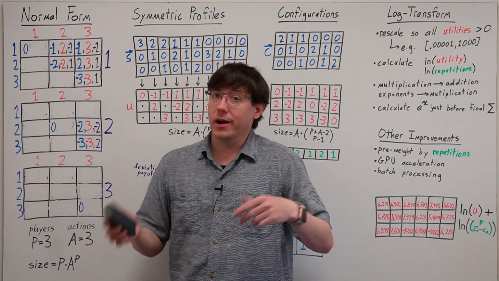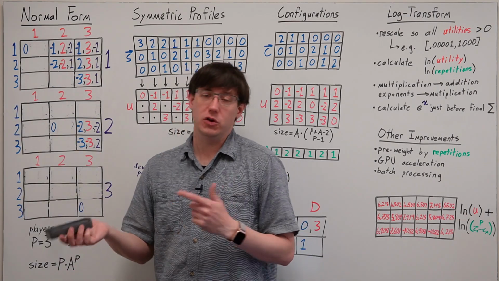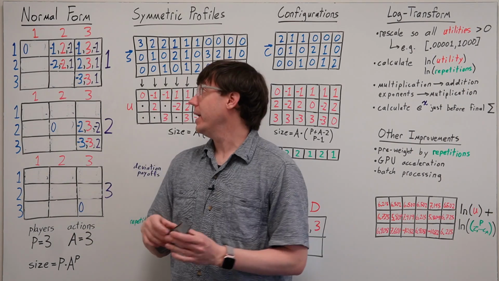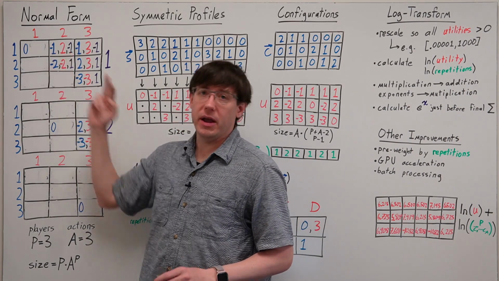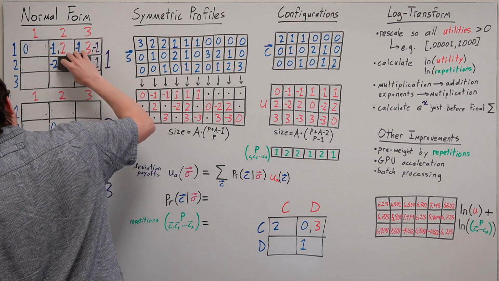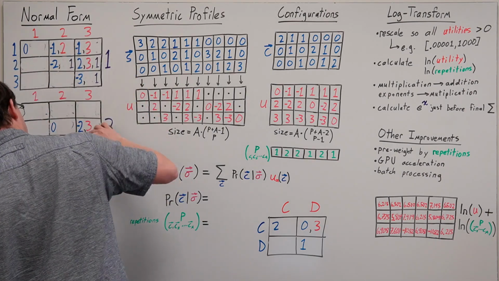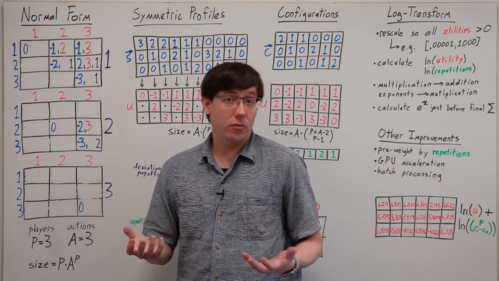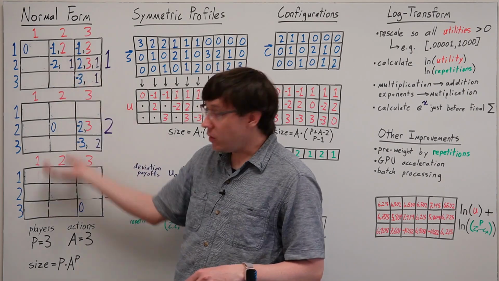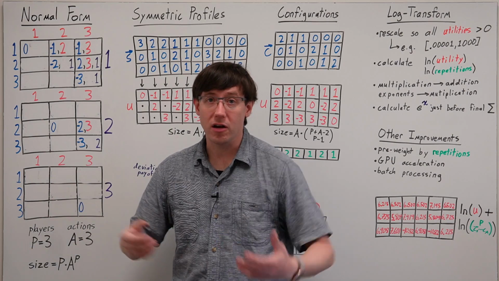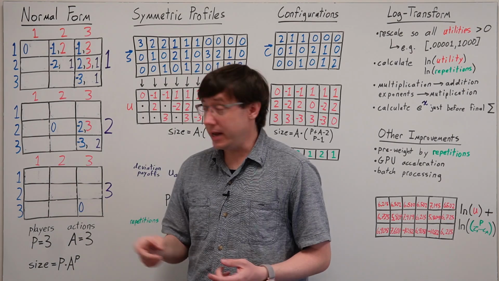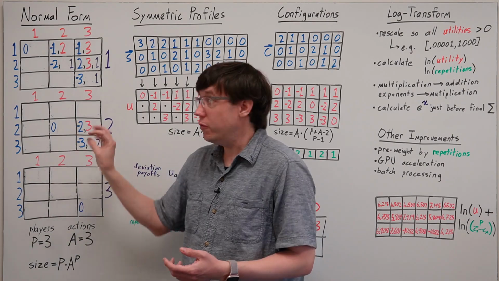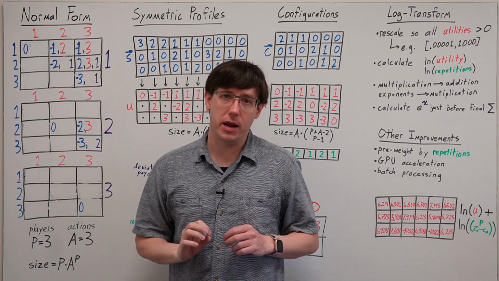And in the cases where 2 of the 3 players are choosing the same action, we don't need to store that payoff twice, allowing us to eliminate all of these entries. And the end result is that instead of storing 81 payoff values in the full payoff matrix, we only need 18 payoffs to fully represent this symmetric game.